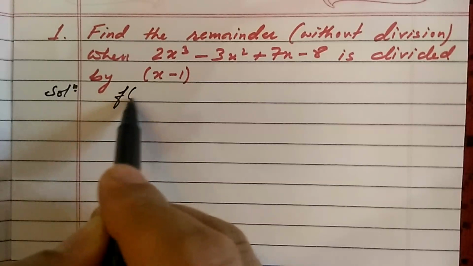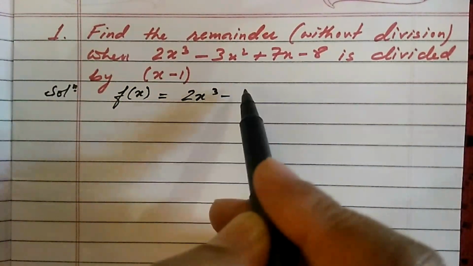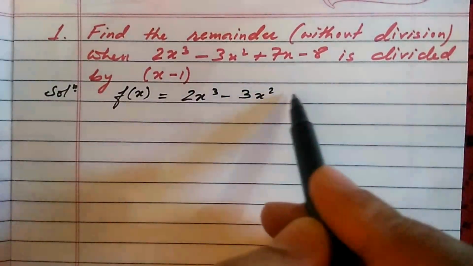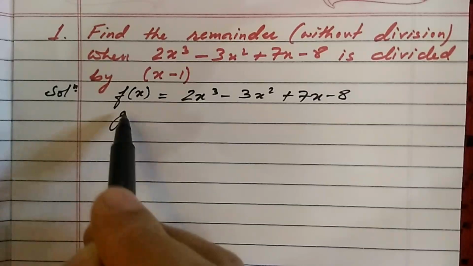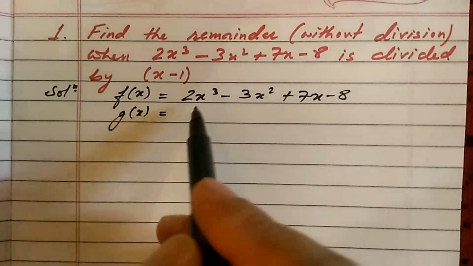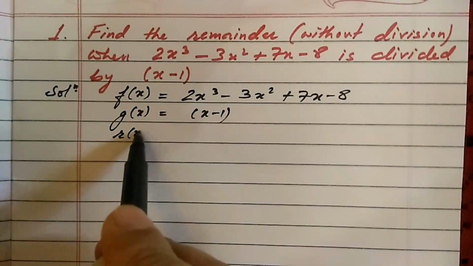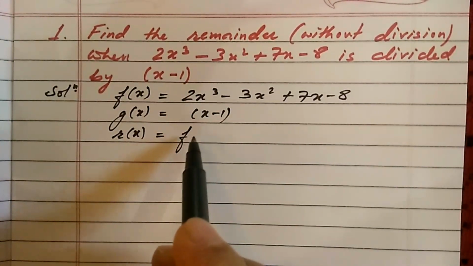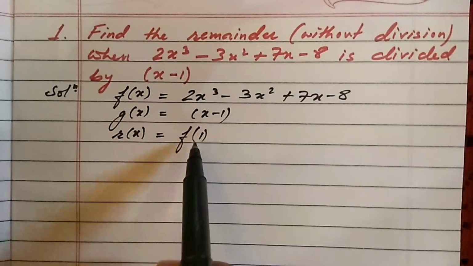First write down f(x). f(x) is given to us: 2x cubed minus 3x squared plus 7x minus 8. Now what is our divisor? g(x) is x minus 1.